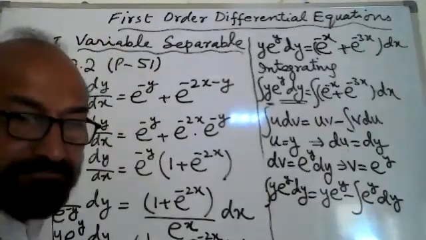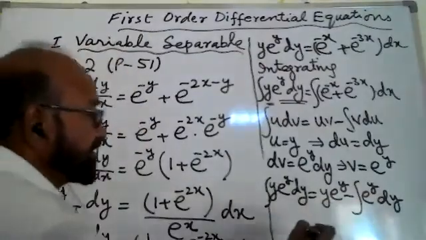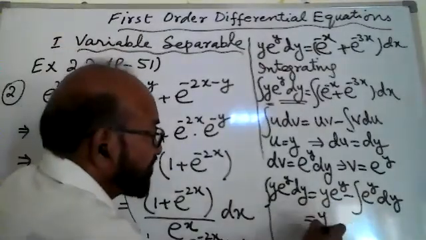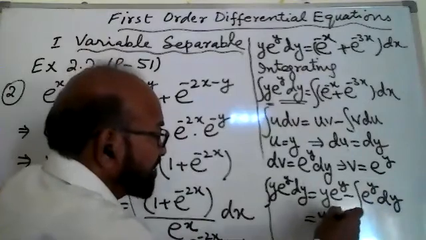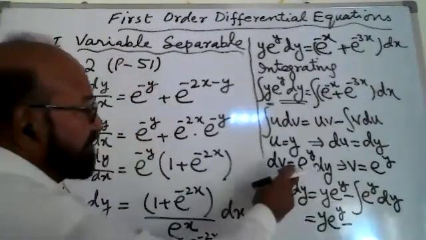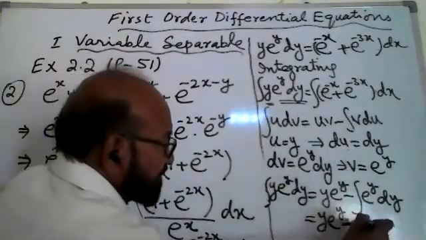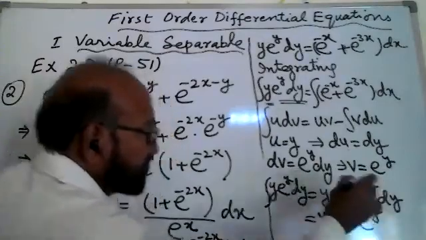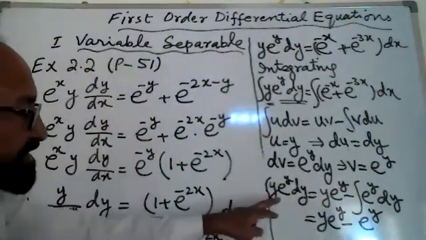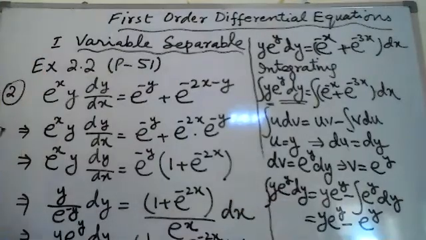One more step to integrate this one: it will become y e raised to power y minus the integral of e raised to power y. Here we found the integral of e raised to power y was e raised to power y. So this is the answer of y e raised to power y dy.